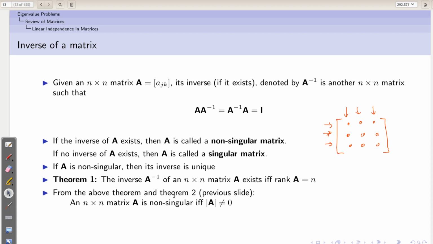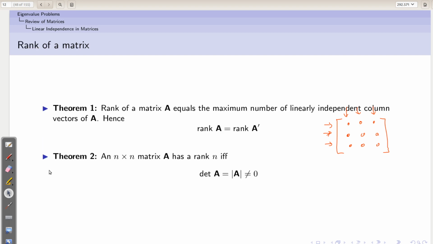Then theorem number 2, which was on the previous slide, says an n cross n matrix A has rank equal to n if and only if the determinant of this matrix is not equal to 0.